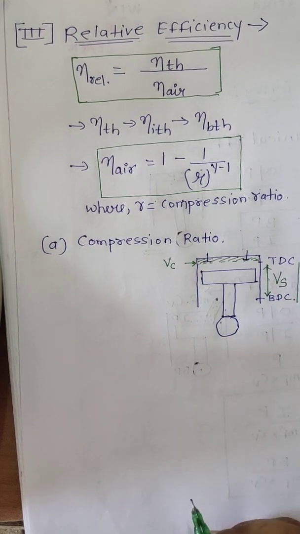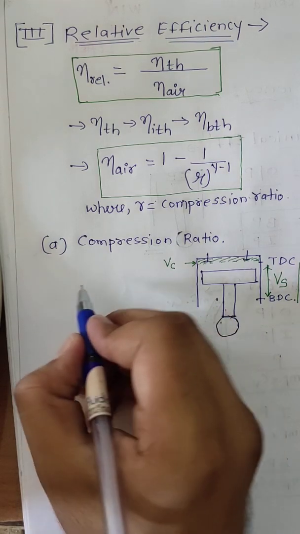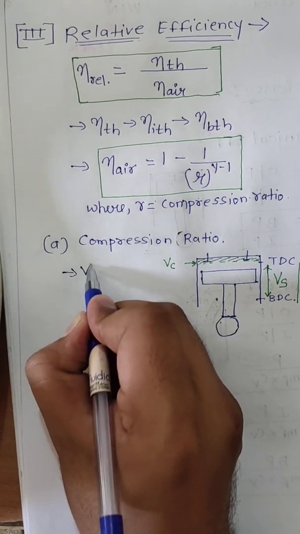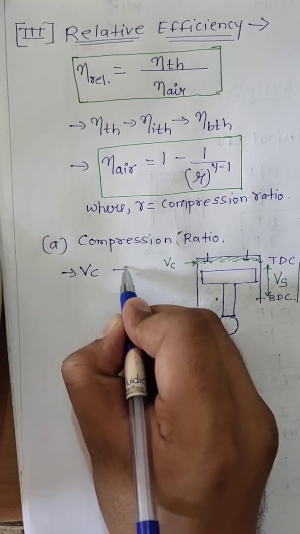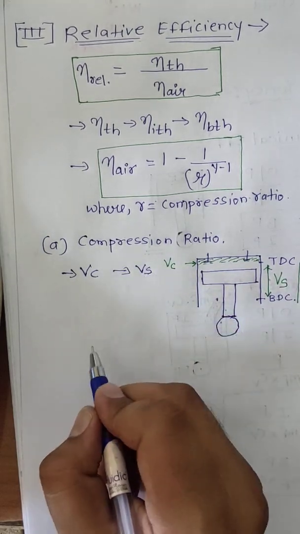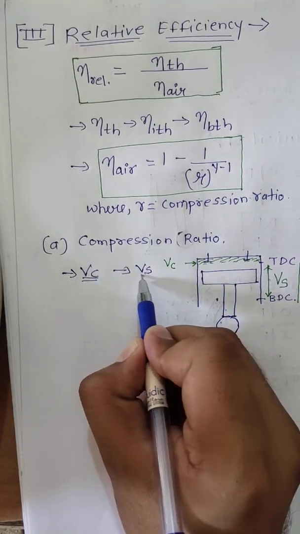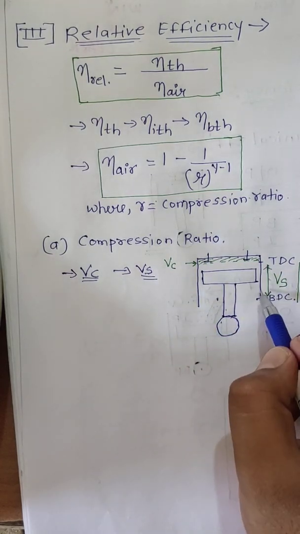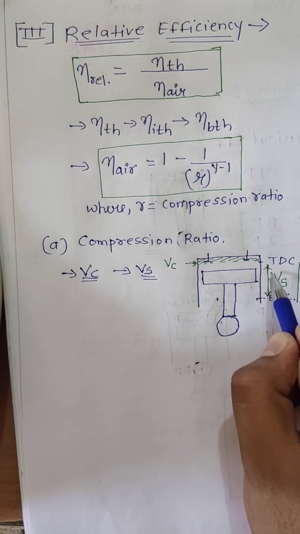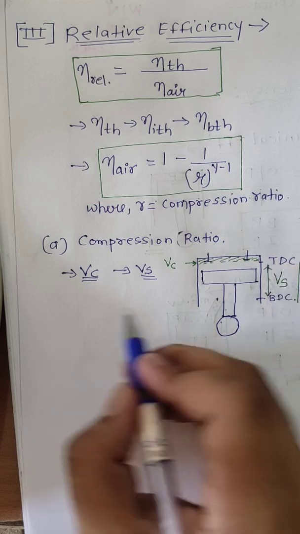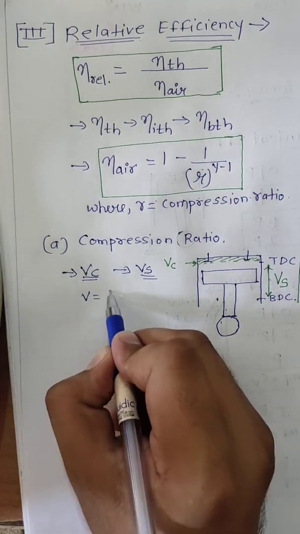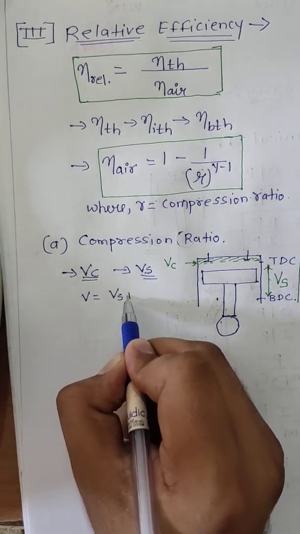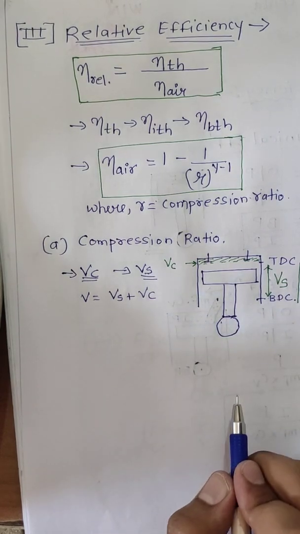Swept volume, VS. So यहाँ पे देखो students, there are three volumes: VC, VS, clearance volume, stroke volume. So total volume क्या रहेगा? Total volume रहेगा stroke volume plus clearance volume. So capital V would be equal to stroke volume plus clearance volume.